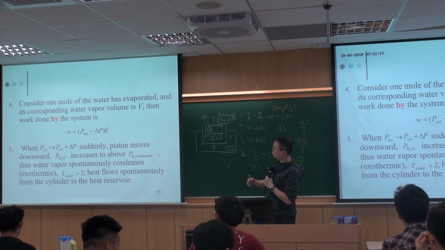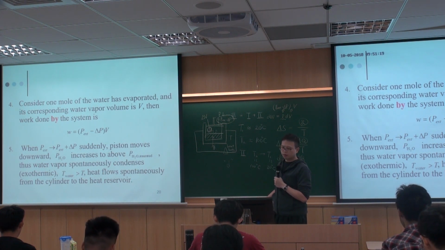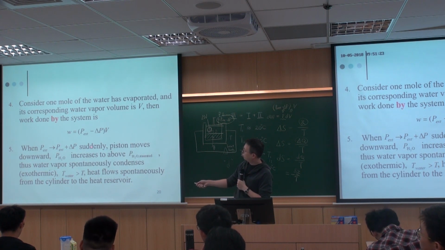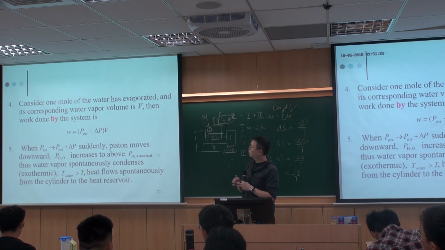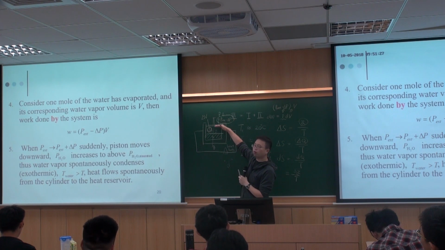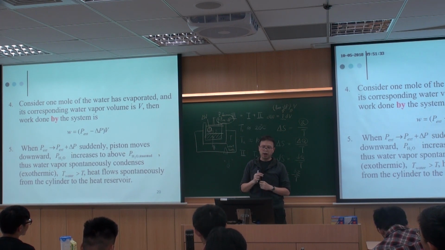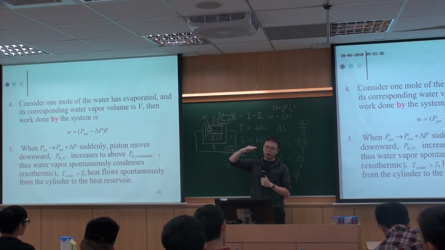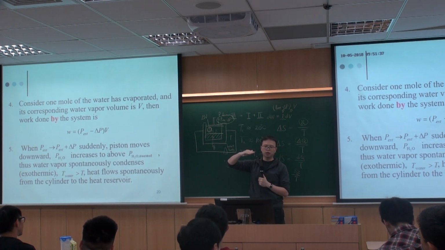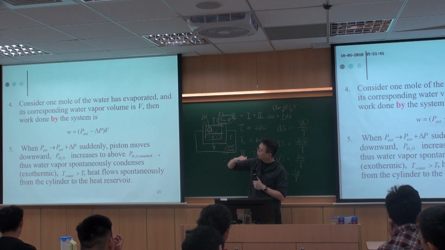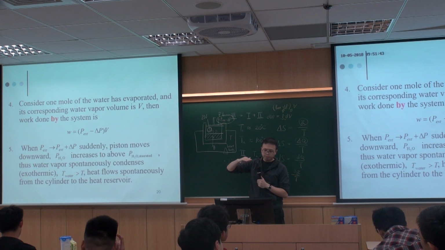And of course, you can reverse the process. So when the P external is increased suddenly, so you push this down, so now you're having P external plus delta P, then the water pressure will increase to above the saturation, or you can say the saturated water pressure.